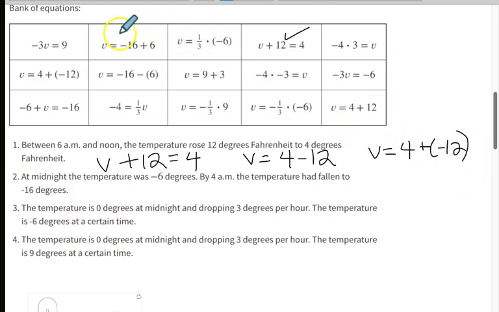And if I look through here, here is that one. And that means that V is equal to negative 8. Negative 8 plus 12 equals 4. 4 minus 12 is negative 8, or 4 plus negative 12, V equals negative, oops, not negative 18, but just negative 8.